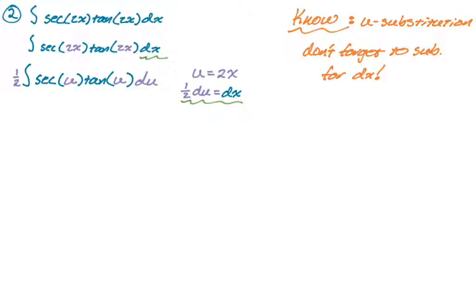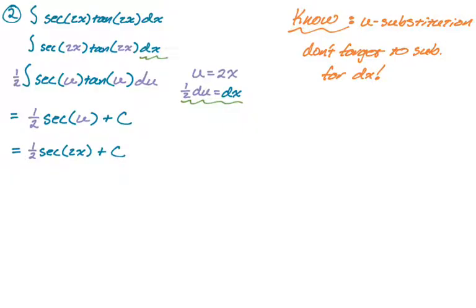All right, this is our integral, but we know that the integral of secant u tan u du is just secant of u, so I'm going to get 1/2 secant of u plus c. The original integral was in terms of x, not in terms of u, so we have to go back to our x values, but we know that u is equal to 2x. So the answer is 1/2 secant of 2x plus c.